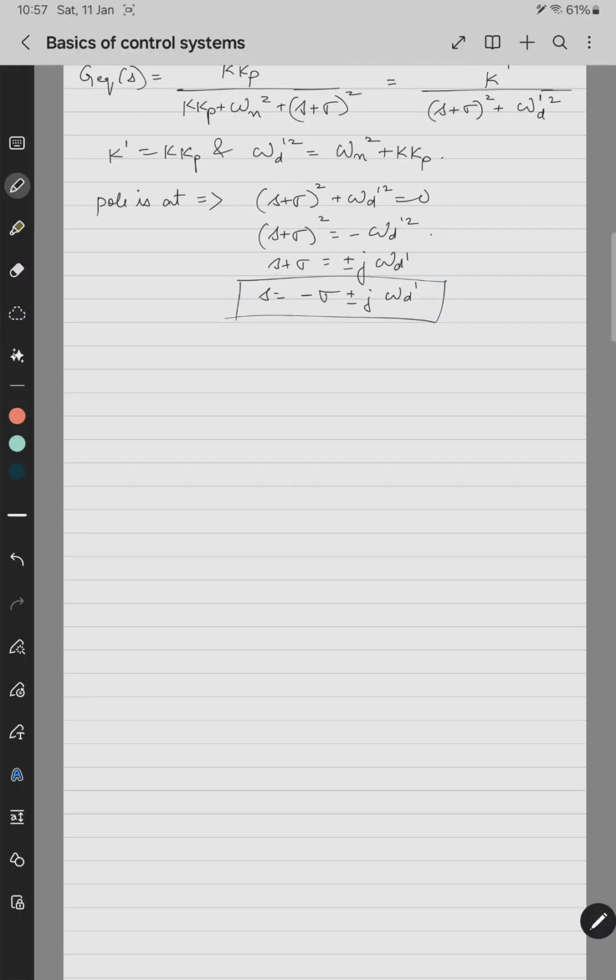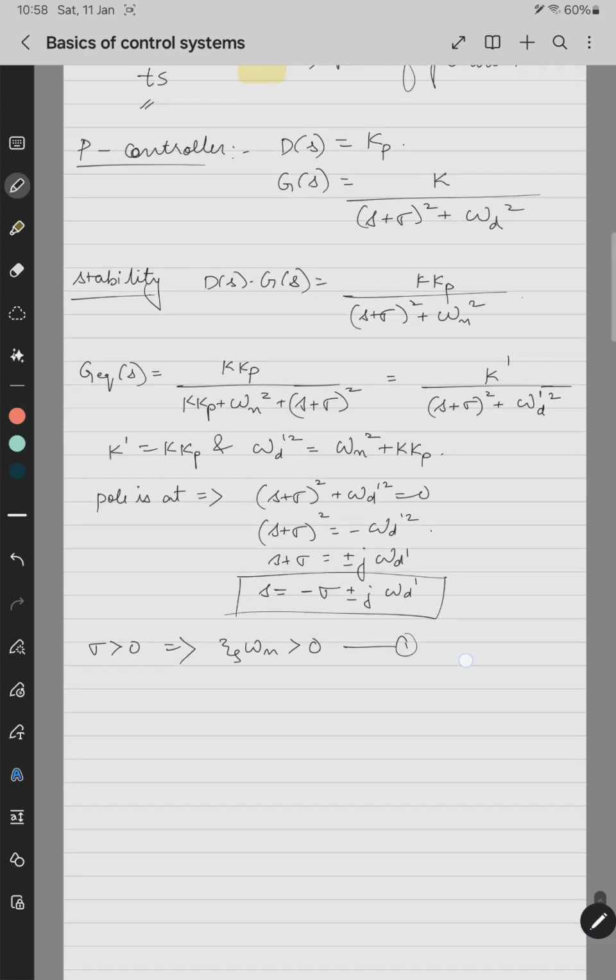The pole will be placed at this point. So one condition is that sigma should be greater than 0, which means zeta into omega n should be greater than 0. This is the first equation, for stability.